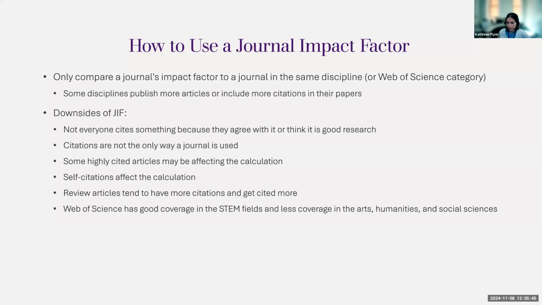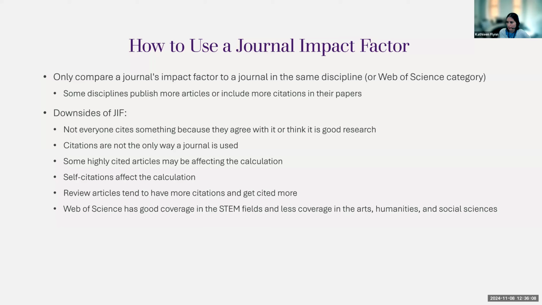So a self-citation for a journal would be citations to other articles from the journal you're publishing in, and some less honest journals may even encourage authors to cite articles from the journal. So that's why that second impact factor in Web of Science is there. And then, of course, you have review articles. Those tend to have more citations.